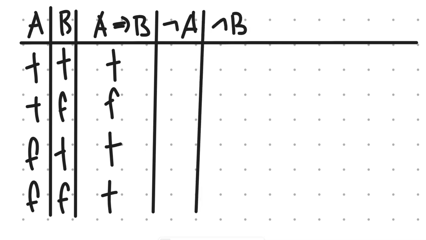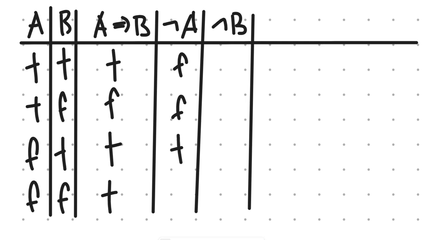Now, for us to understand not B implying not A, we have to negate A and B first. So negating A and negating B. If we negate A, the negation of true is just false, and the negation of false is just true.